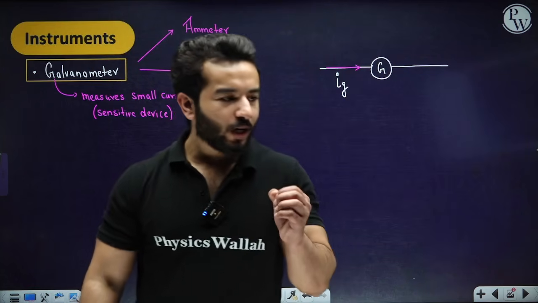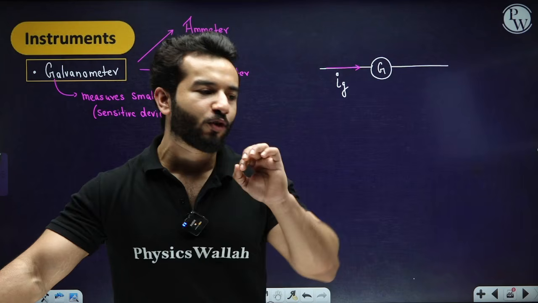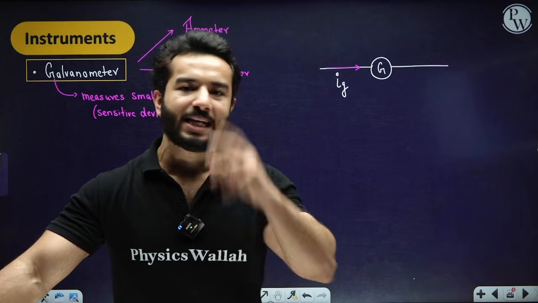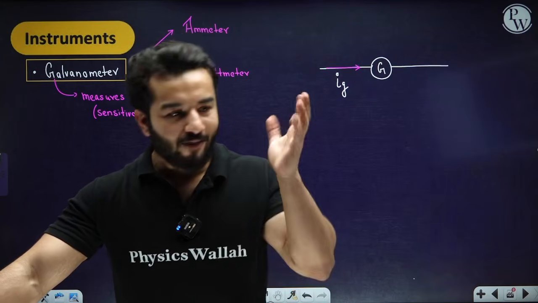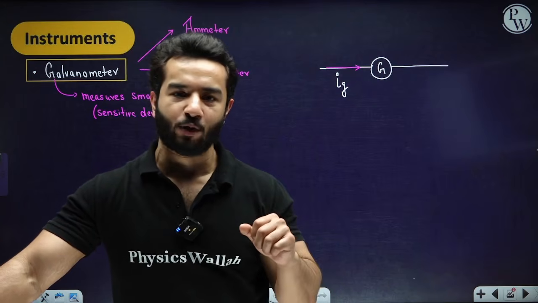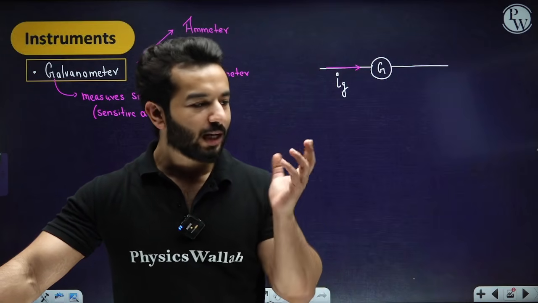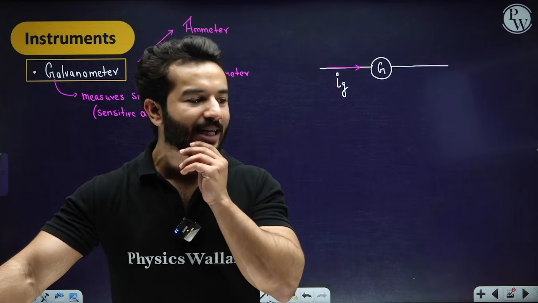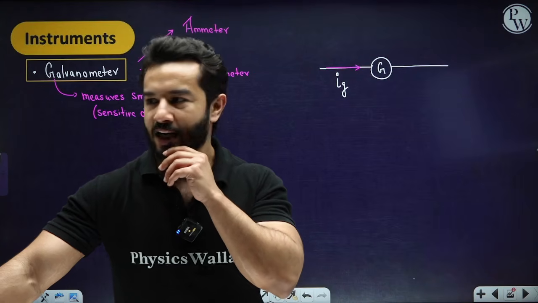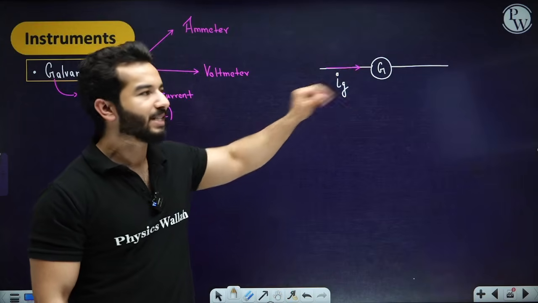Let's suppose the full scale deflection value for a galvanometer is 10 milliampere. We would never want a 5 ampere current to pass through that galvanometer. What will happen? The galvanometer will get spoiled. It will not work, the wiring might get destroyed. Because of all those reasons, we say the galvanometer is a very sensitive device.